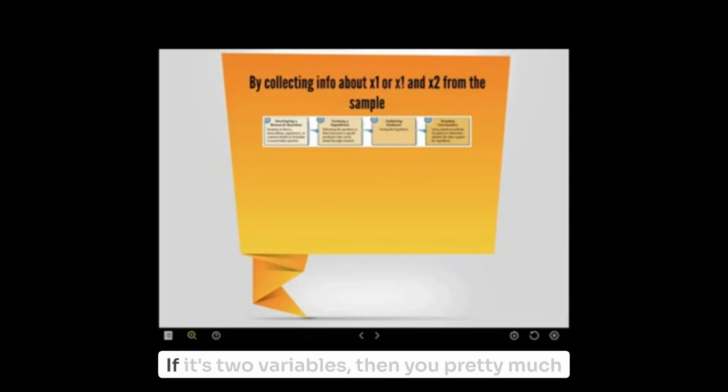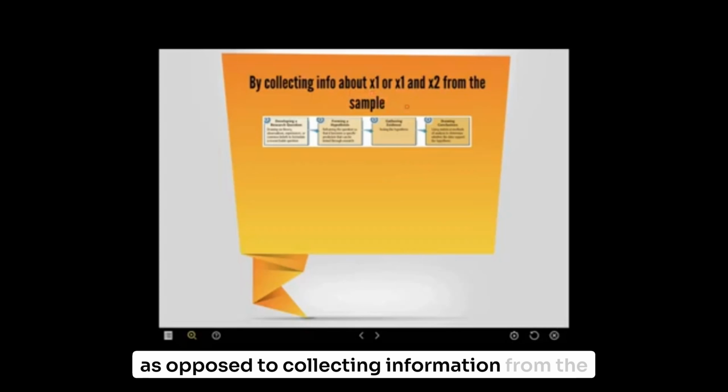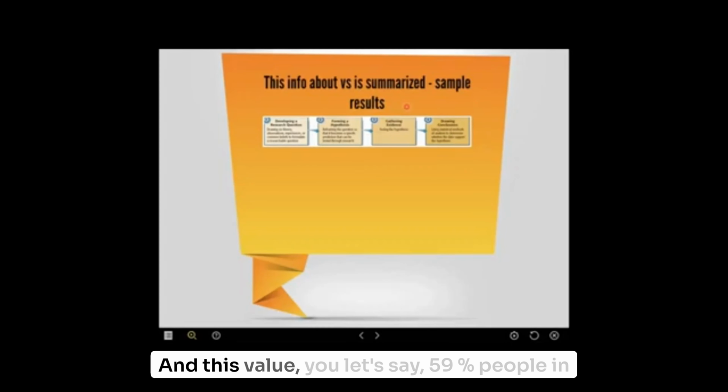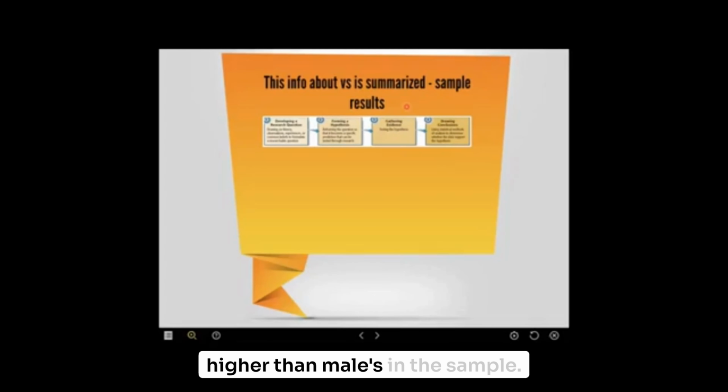If it's two variables, then you pretty much do the same thing, where you calculate the values of memory for the two levels of the other variable, which is male and female, for the variable called gender, from a sample as opposed to collecting information from the entire population, as we discussed earlier. And this value you get, let's say 59% of people in the US smoke, or let's assume that females' memory is higher than males in the sample.